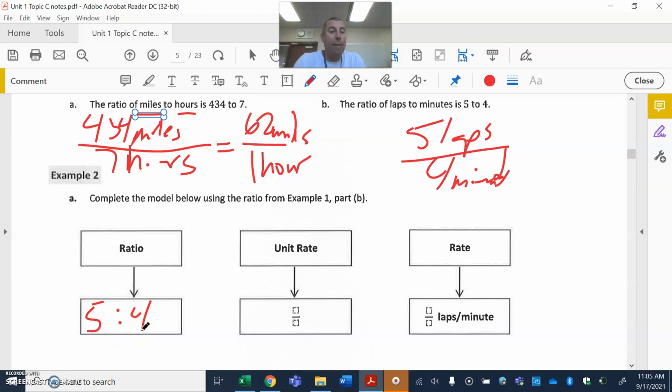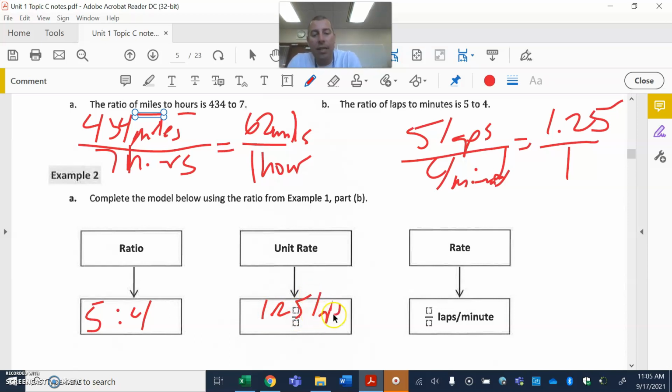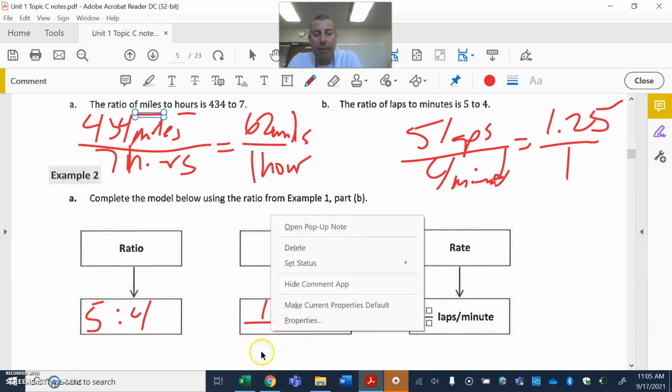My unit rate is how much for 1. If I take the 5 and divide it by 4, I get 1.25. So the unit rate here is 1.25 laps per, that means the 1 minute.